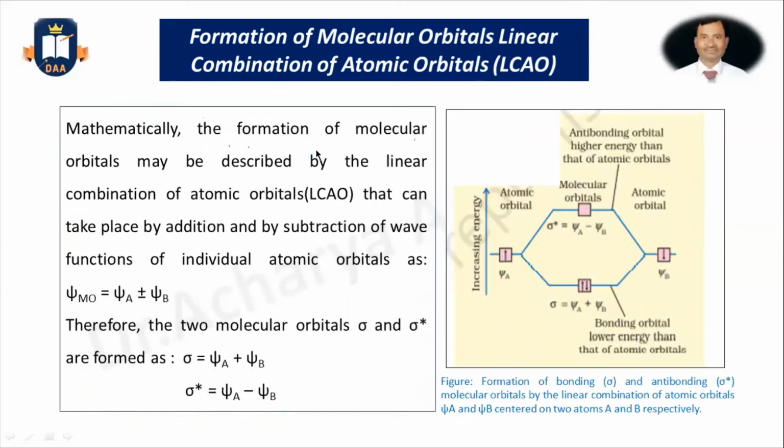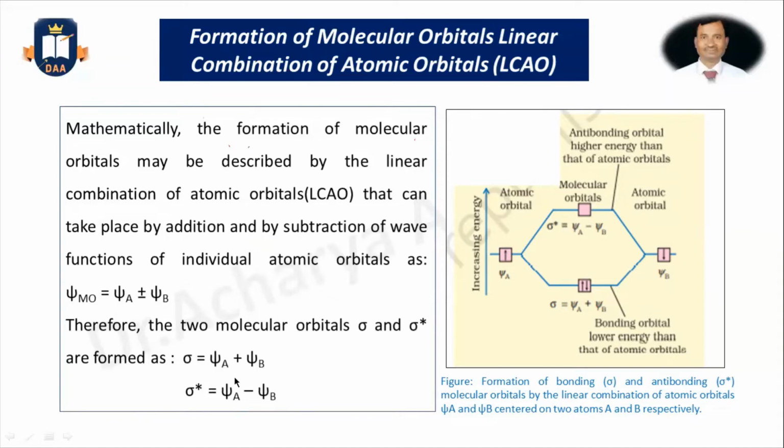Mathematically, the formation of molecular orbitals described by this LCAO method can take place by the addition of the wave functions of these two hydrogen atoms, or the subtraction of the wave functions of A and B. That means psi molecular orbital equals psi A plus or minus psi B. When the wave functions are added, the orbital is denoted by sigma.